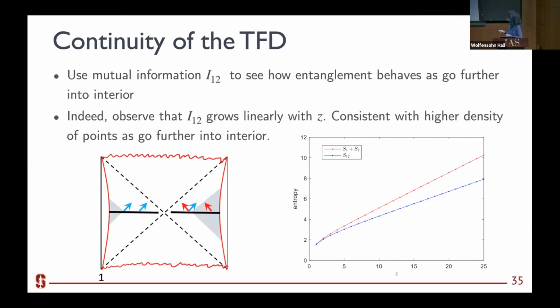In particular, looking at the mutual information between the fermions on these two sides, you can see that the mutual information, which is the difference of these two curves, grows linearly as a function of depth. That just reflects the fact that as you go further into the interior, you get a higher density of points. So this is just qualitative evidence of this thermal field double geometry.